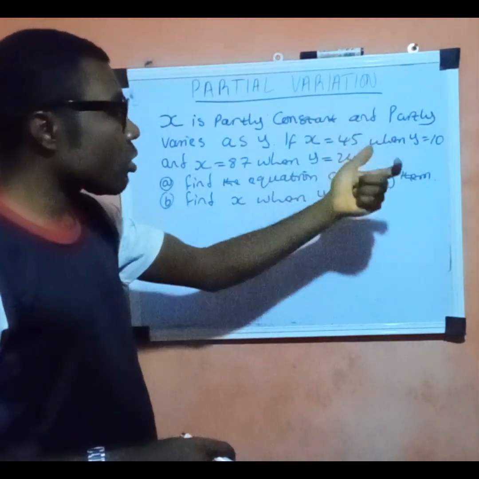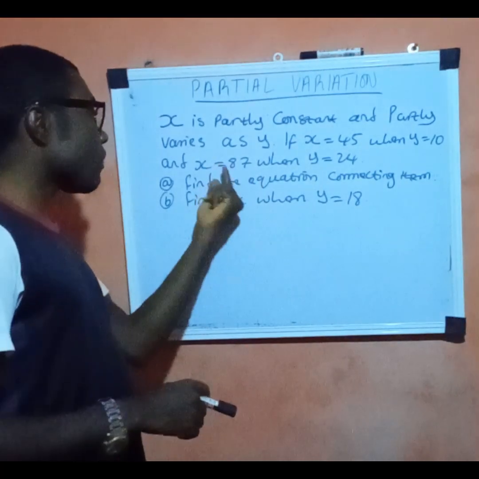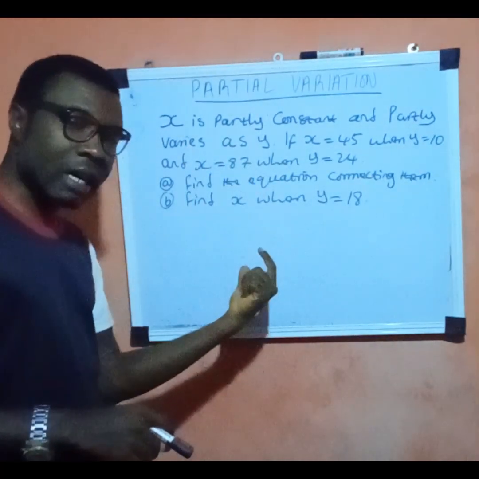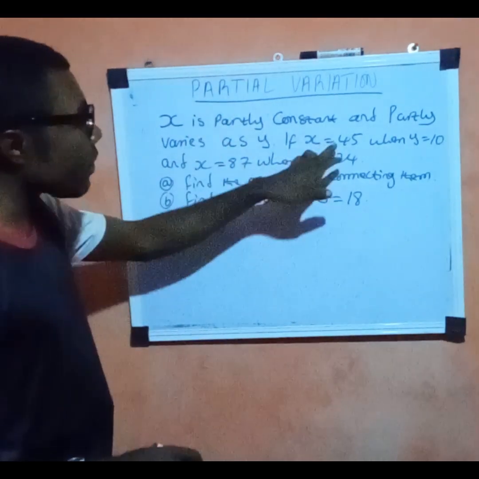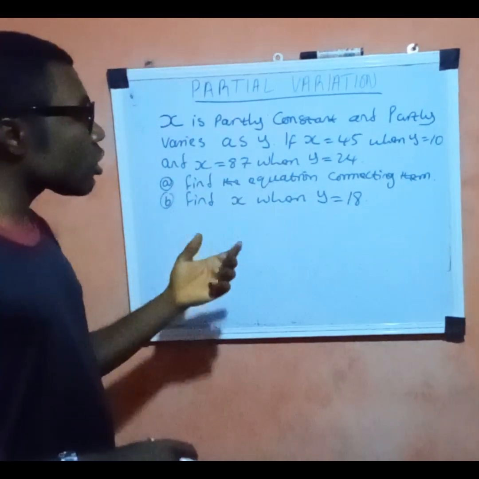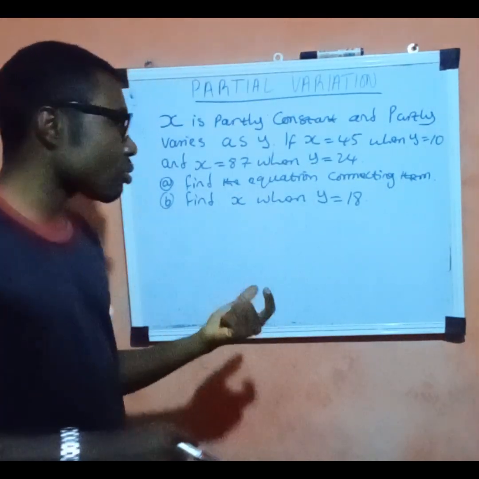And then when you determine the constant, you find the equation connecting them, and then you'll be given another value for either X or Y to find the other. But in this case, we have two values of X and two values of Y, because in partial variation, most times it leads us to simultaneous equation. So we are going to see that as we proceed.